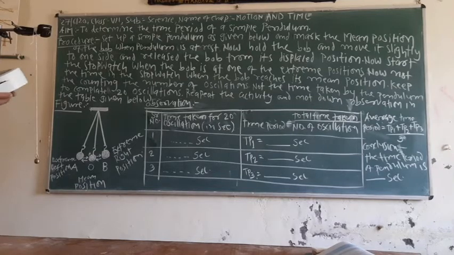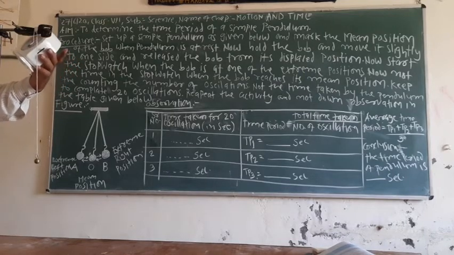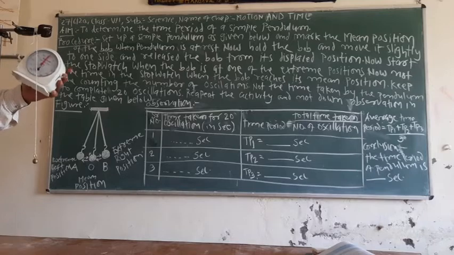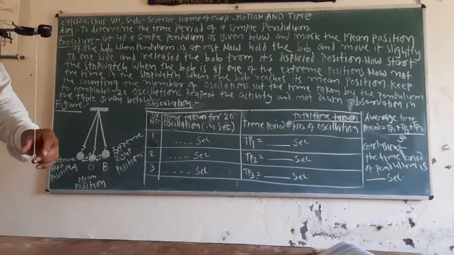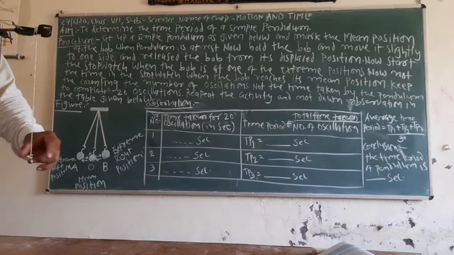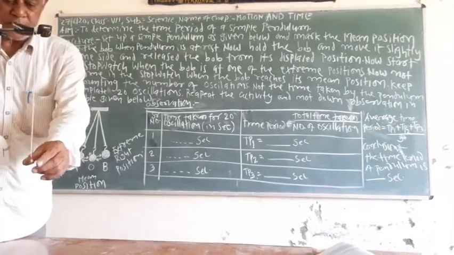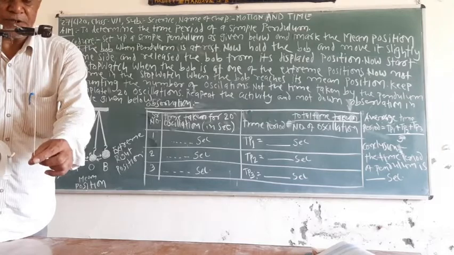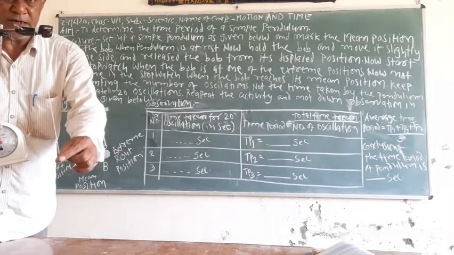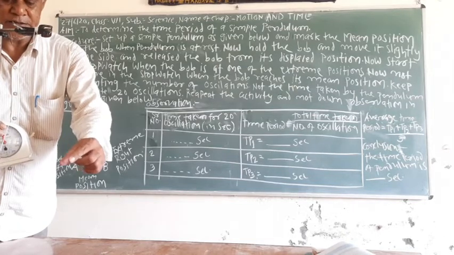You see that the stopwatch is at 0 seconds and the simple pendulum is at rest position. Now I hold it from its mean position and slightly displace it to either side, left or right, and then release.